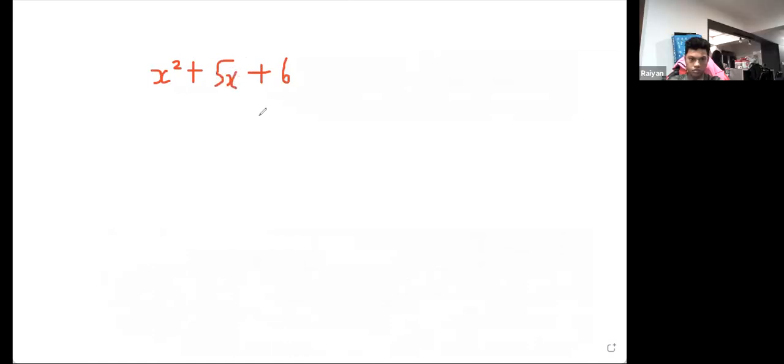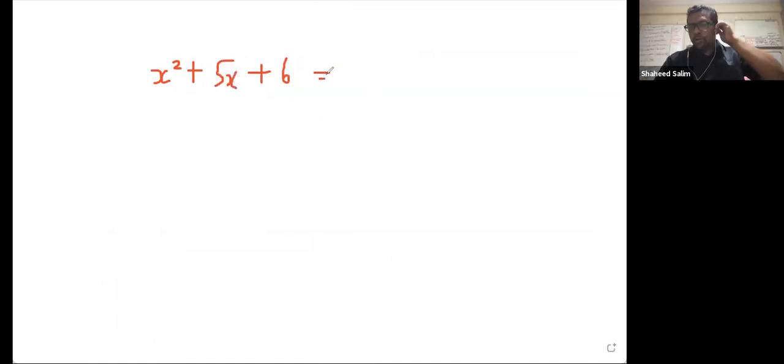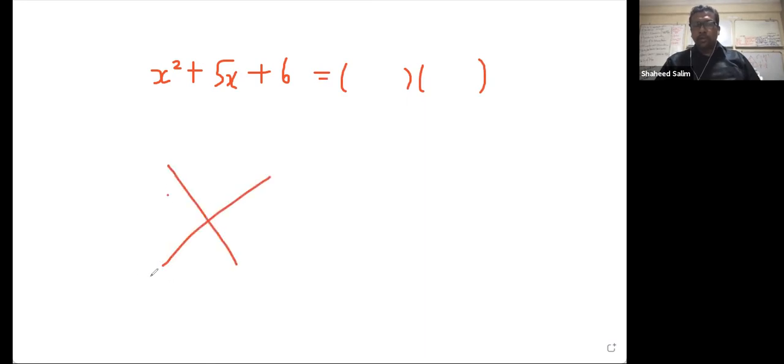They ask you now to factorize. So they want you to factorize like that. Once you have 3 terms like that, normally you need to do the crisscross method. Remember the crisscross method?